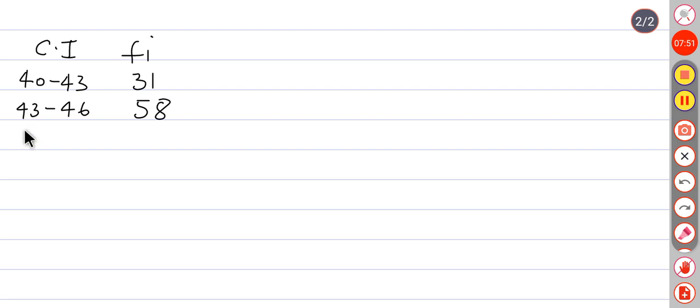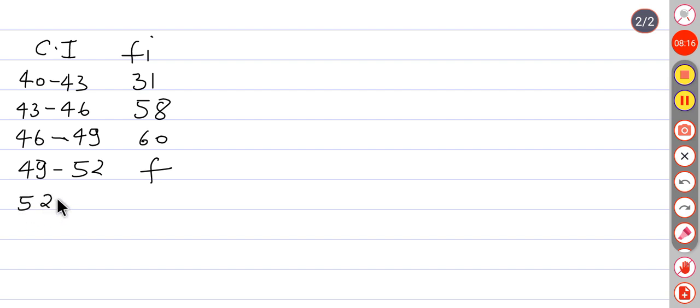Thereafter class interval 46 to 49 has 60 observations, and 49 to 52 we don't know how many observations, we need to find. 52 to 55 has 27 observations.